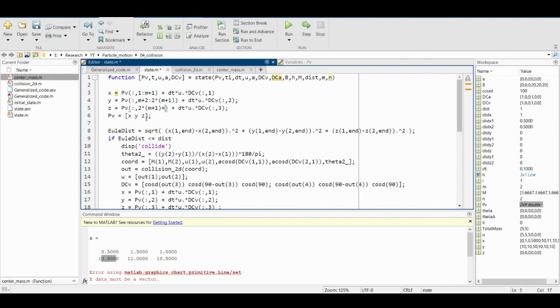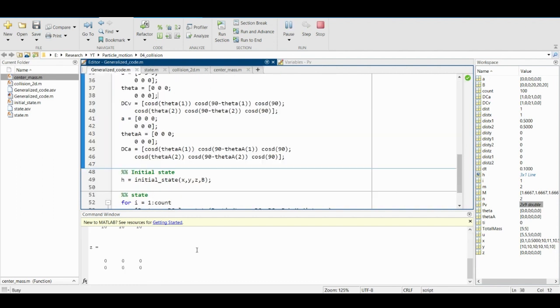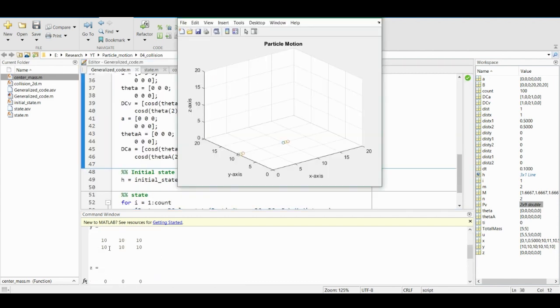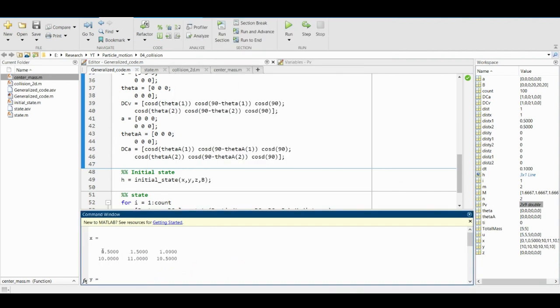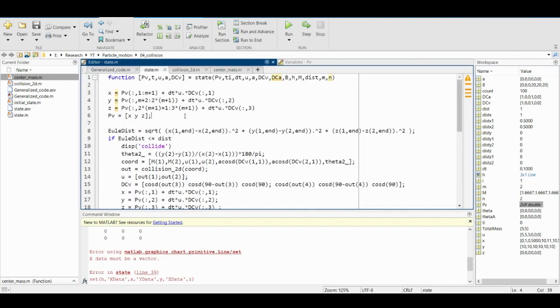In here, right, this thing plus 1 to 3 times m plus 1. So m plus 1 would be 3, 3s are 9. Let's see it works. Let's see those two. Okay, it's working good. X is okay. Y is also okay. Z. So coordinates are working well.